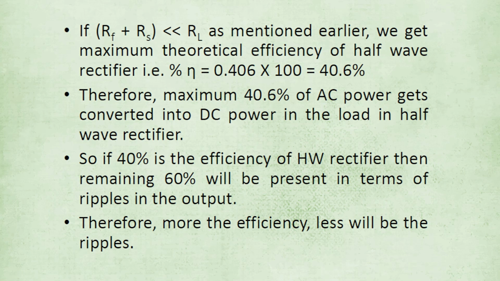So, if 40% is the efficiency of the half wave rectifier, then the remaining 60% will be present in terms of ripples in the output, and we have seen this in the waveform also. The waveform obtained is not pure DC, it contains ripples. Therefore, the more the efficiency, the fewer the ripples.